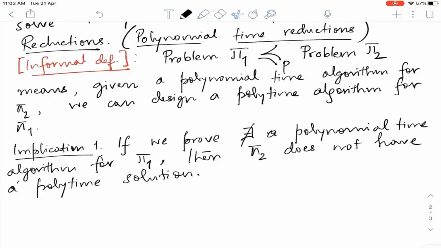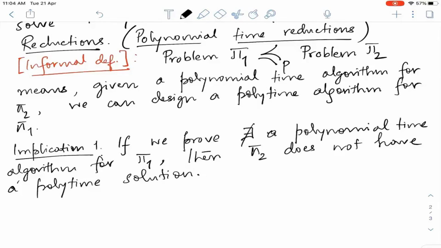So today we will see some examples of how these reductions work. And in the next lecture, we will introduce the notion of NP problems and NP complete problems on the basis of this definition of reductions. Yeah. So all those definitions crucially rely upon our understanding of reductions between problems.